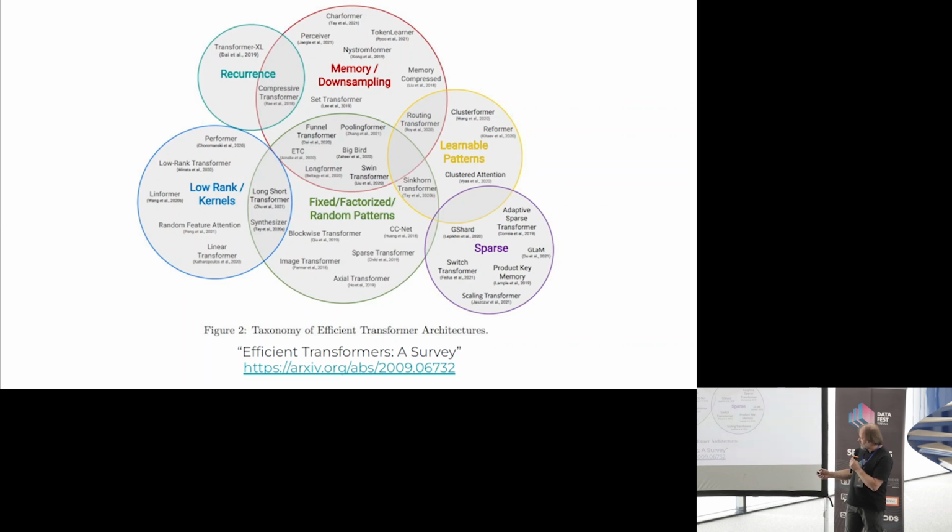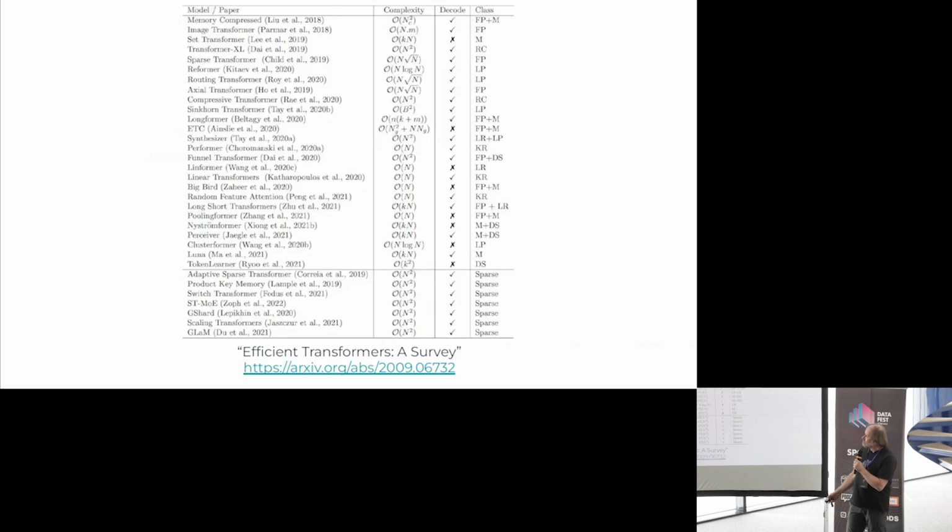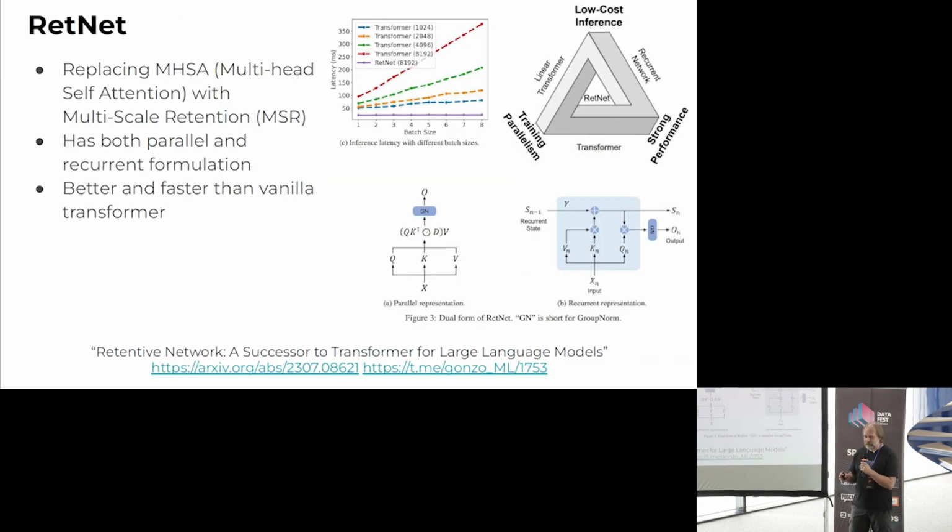You see here sparse transformers, mixture of experts, which is popular right now, some low-rank kernels, linear transformer, Longformer, and a lot of other things. Recurrence was added to transformers, and there are tons of different models. But that is not the focus of our talk.